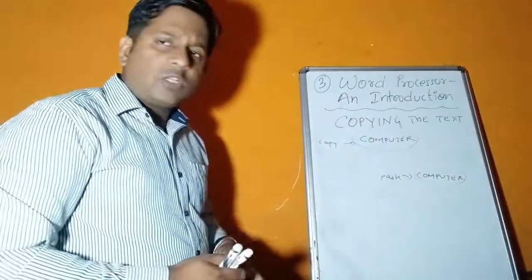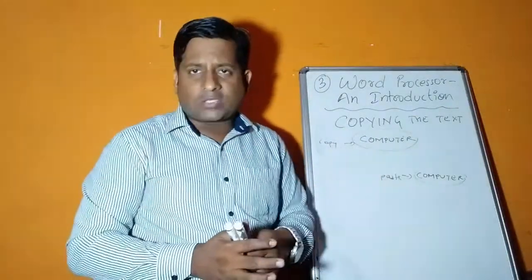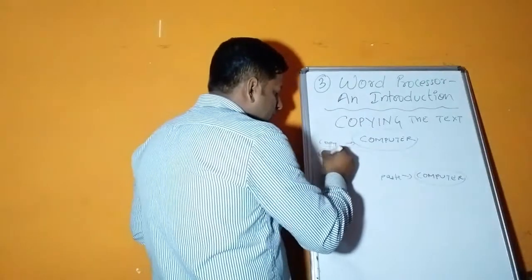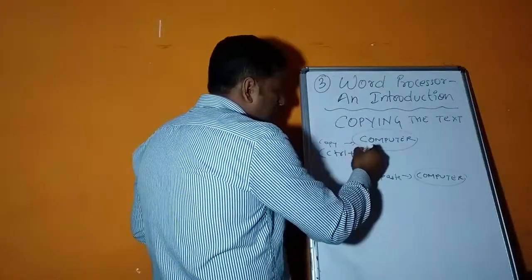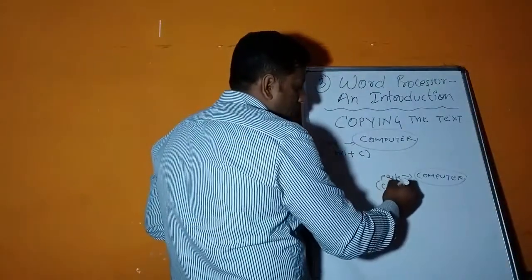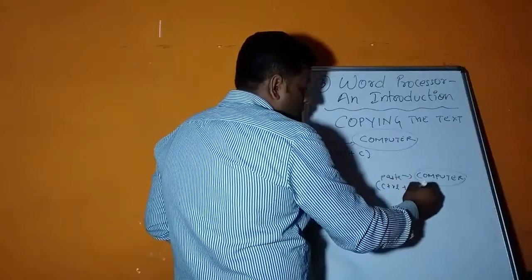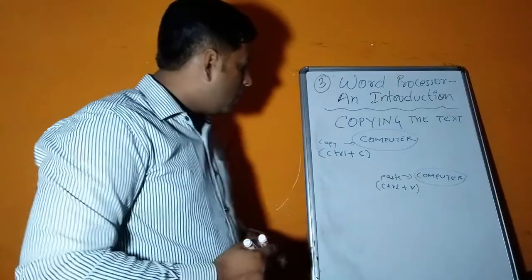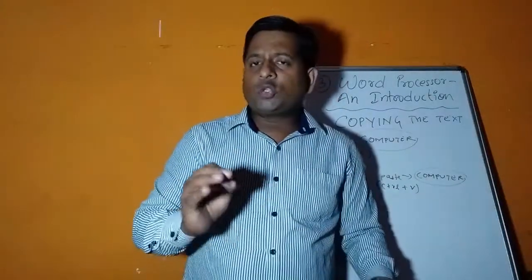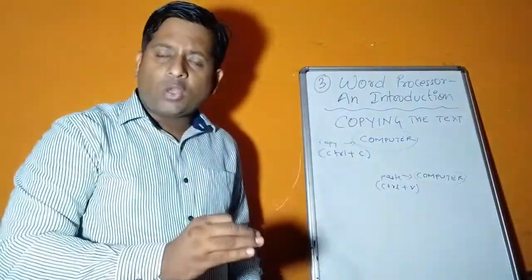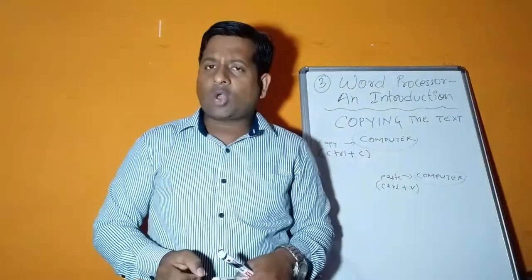There is also a shortcut for copy as well as paste. The shortcut for copy is Ctrl plus C and paste is Ctrl plus V. So the copy and paste option is used to copy the text from one location and place it in another location.